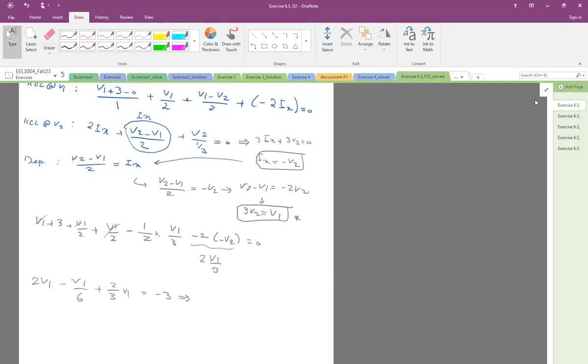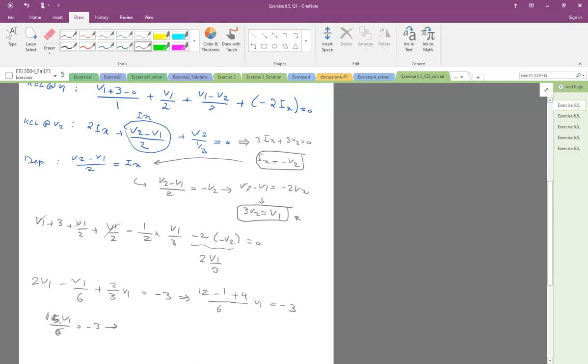So now this is 1/6 minus 1/15 v1 over 6 equal to negative 3.